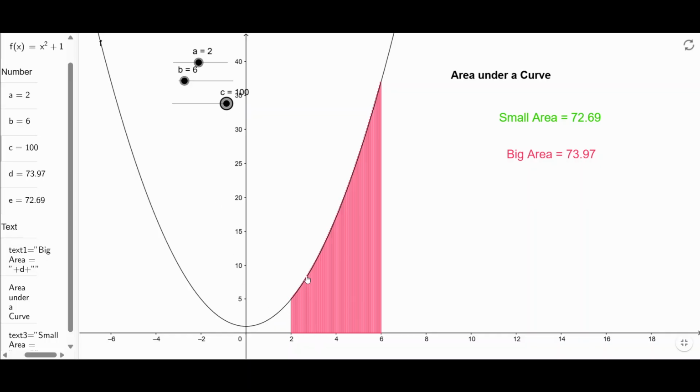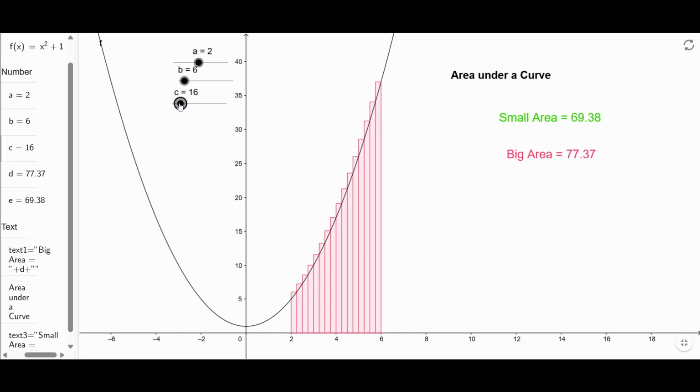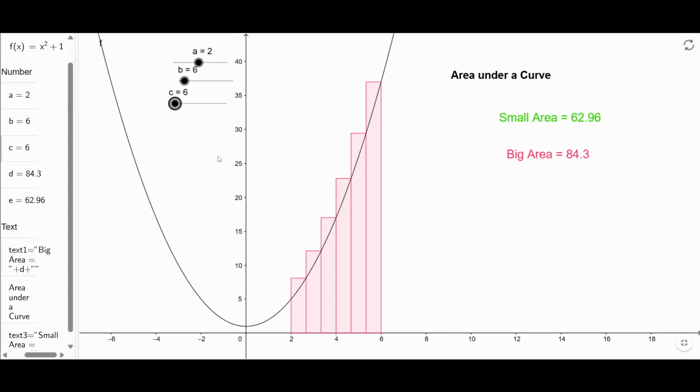So only a little bit of this part remains, and that's how you calculate the right endpoint method. If you increase the number of strips, it will approach the exact area. And this is the important thing which I want you to see.